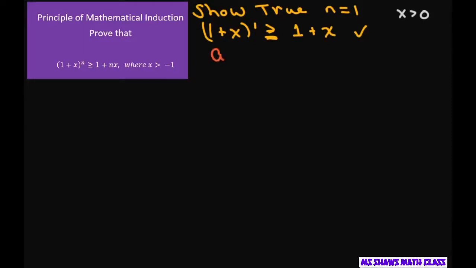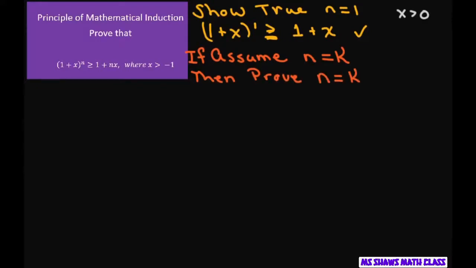Now we're going to assume that it's true for some n equals k. So if n equals k, then we're going to prove that it works for n equals k plus 1. All right, so let's get started.